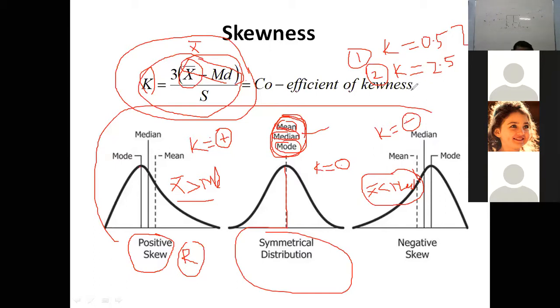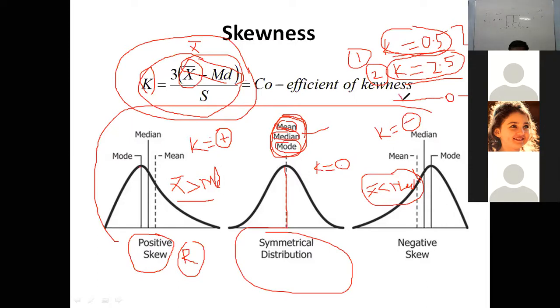Whether this or this? The second one, yes. Why? Because it has a K value of 2.5, and the first one has a K value of 0.5. So the first is less positively skewed compared to this. Whenever the value comes closer and closer to 0, the skewness is less.